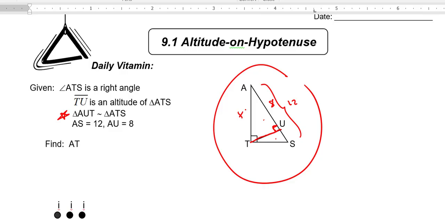Now I can set up a proportion based off of the similar triangles.